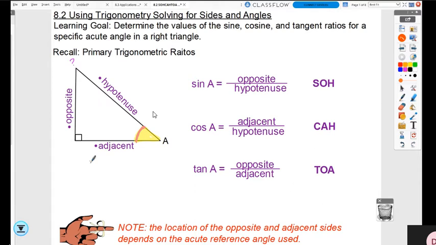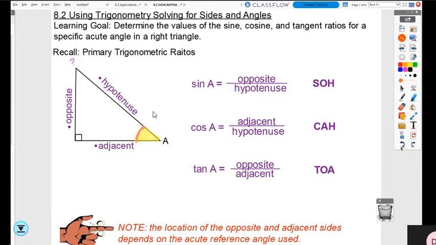Because now, if we use this side here, this would be the opposite. This would be the adjacent. So things do change based on that reference angle. So it's important that if you choose a reference angle, you use it throughout the question, unless you wanted to change it, which is totally fine. You just got to be a little bit careful.